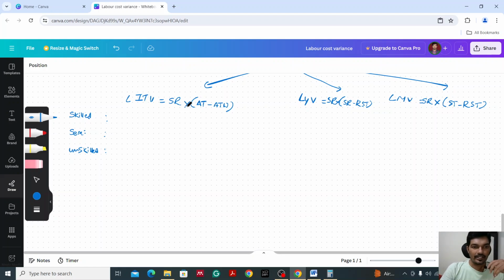So the standard rates 20, 12, 8, which are common, are multiplied with the actual time 400 minus actual time worked.